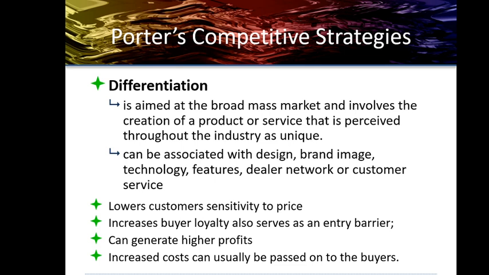If we take Toyota as an example, they have a differentiation strategy, but with a wide market segment.